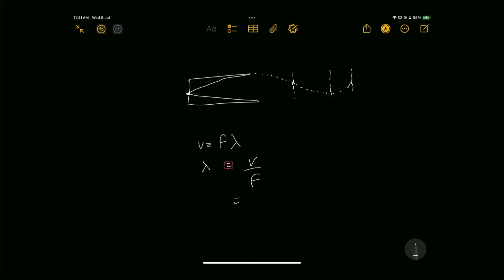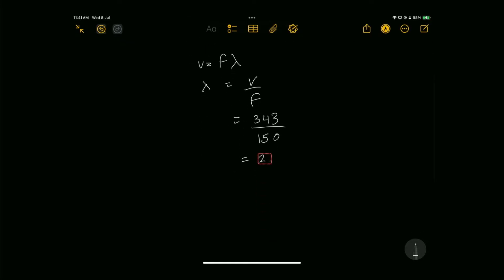The velocity is given on the first page: 343 meters per second, and the frequency was 150 hertz. So this is approximately 2 point something meters.